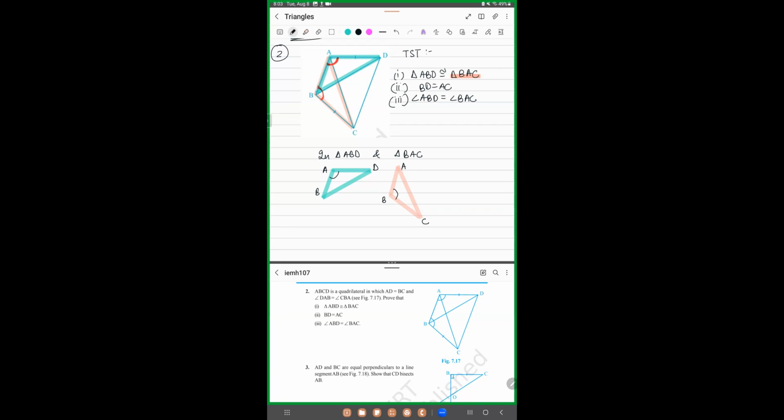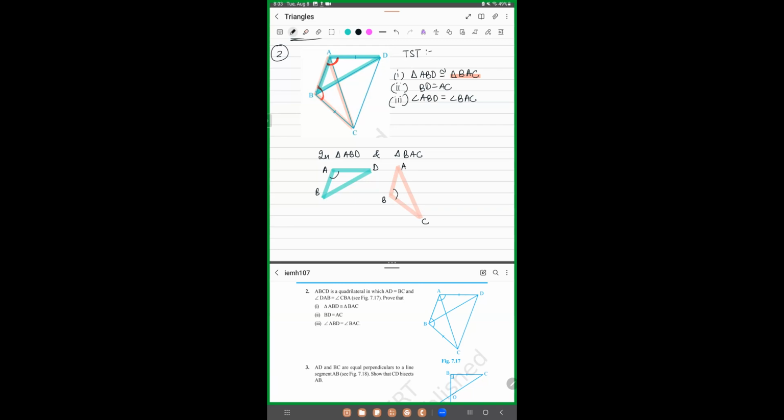Now, what else is equal? Apart from this, see that one side is the same.